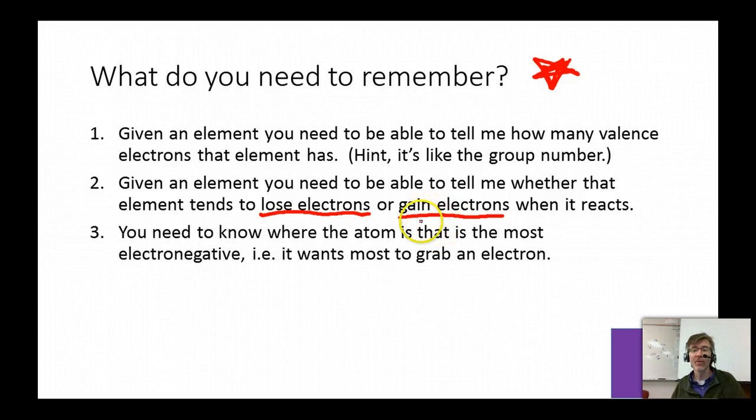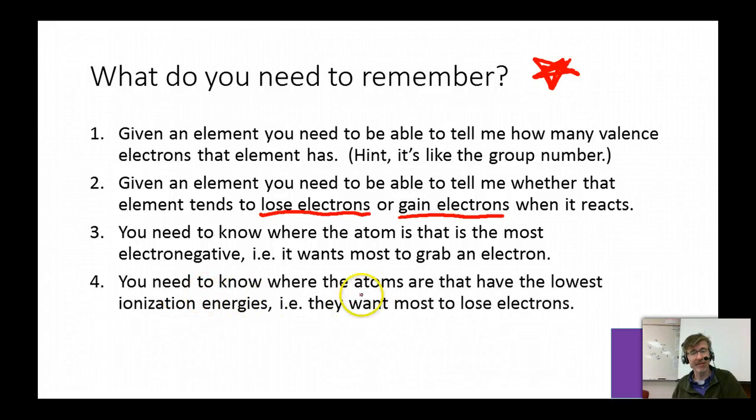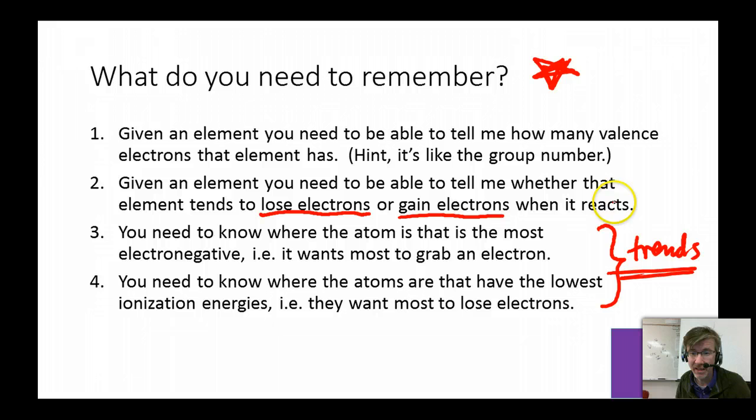And you need to know where that atom is that is most electronegative, the one that grabs electrons the most. And you need to know which atoms have the lowest ionization energies. These ones want to lose electrons. And these two in particular are part of trends. Identifying trends on the periodic table is part of PS2B, the standard we're talking about right now in our class.